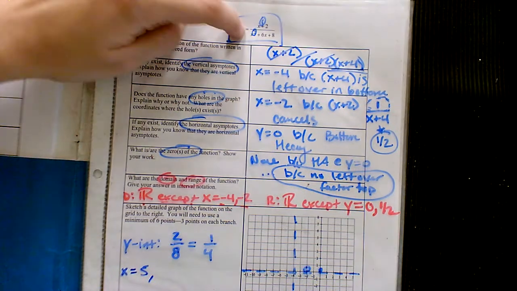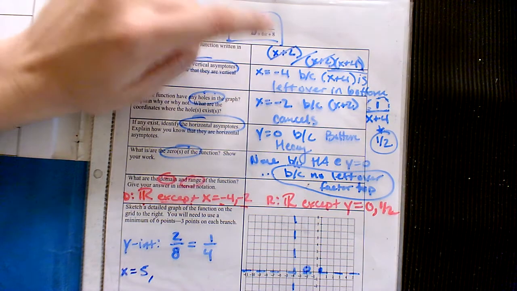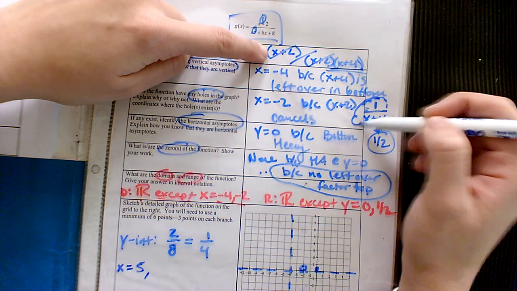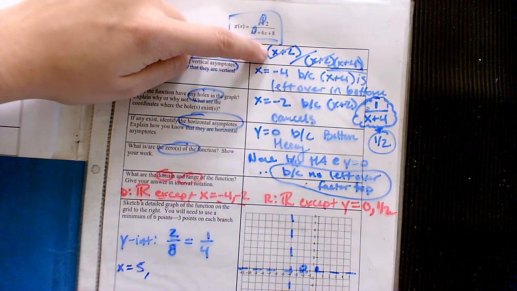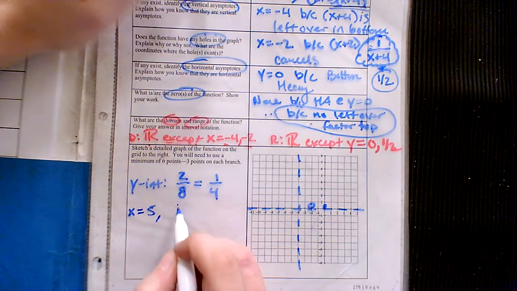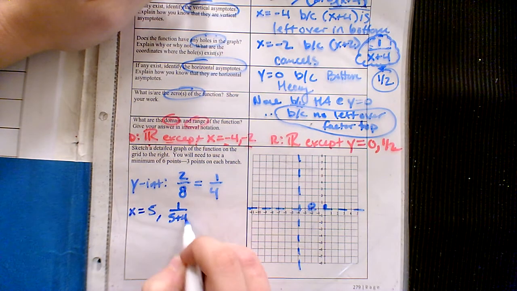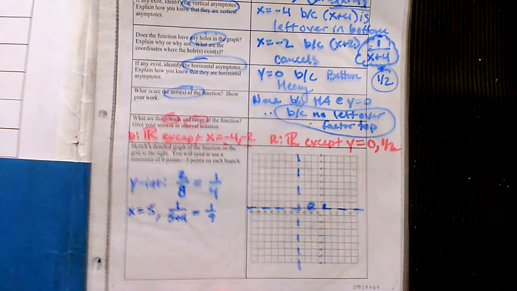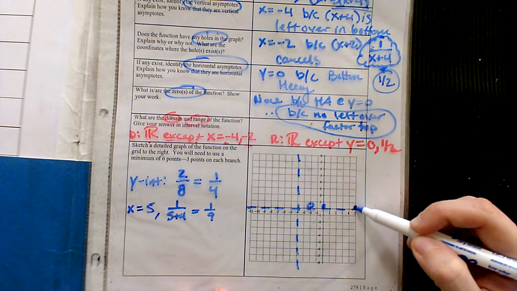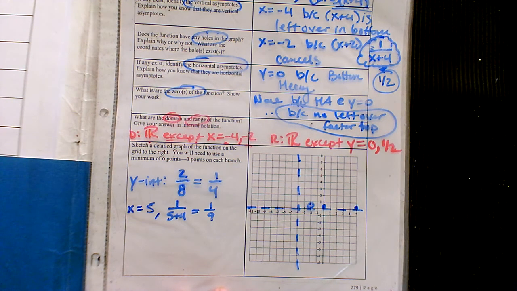You can plug 5 into the original, you can plug 5 into your factors, or you can plug 5 into our simplified form that we'd use to help us figure out the whole height. I think that one's going to be simpler. 1 over 5 plus 4 would be 1 over 9. So all the way at 5 over here, we'll have to plot 1 over 9, which is pretty close to the x-axis, so just get as close as you can, I guess.